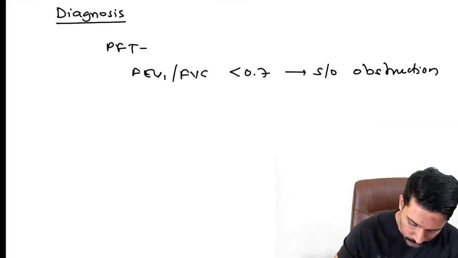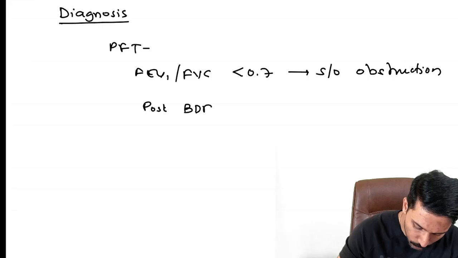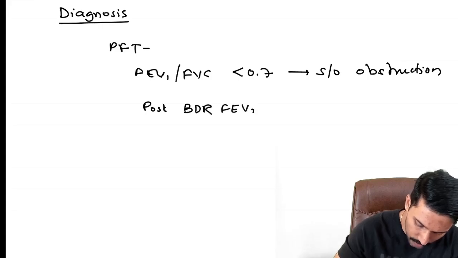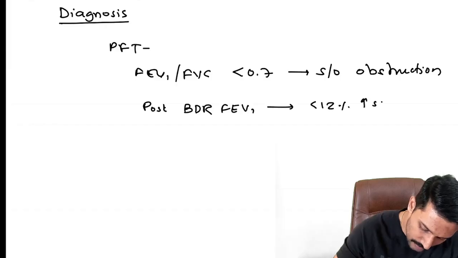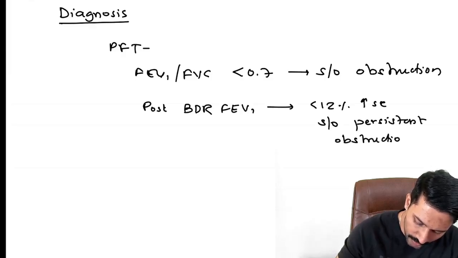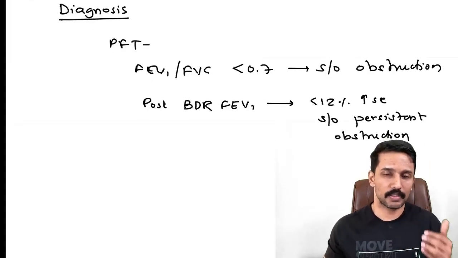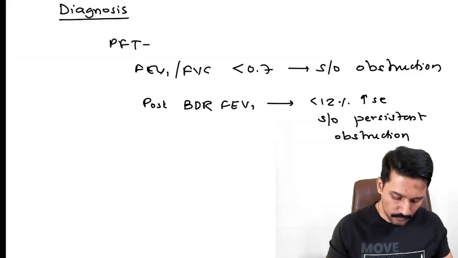But when we do the BDR and post-BDR FEV1 is checked, it shows less than 12% increase, suggestive of persistent obstruction. If you're looking at the PEFR instead of the FEV1, then less than 20% increase.